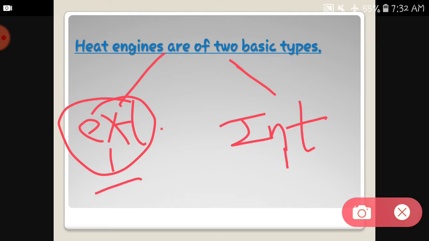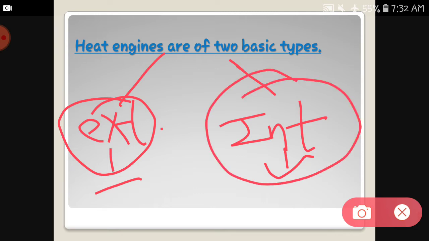External combustion engine is nothing but the steam engine, because it is being heated externally. The working substance is heated externally in the case of a steam engine, and when it is heated internally, it is in automobiles. By using diesel or petrol, it gets heated. So internal combustion engines are nothing but the automobile engines. Okay.